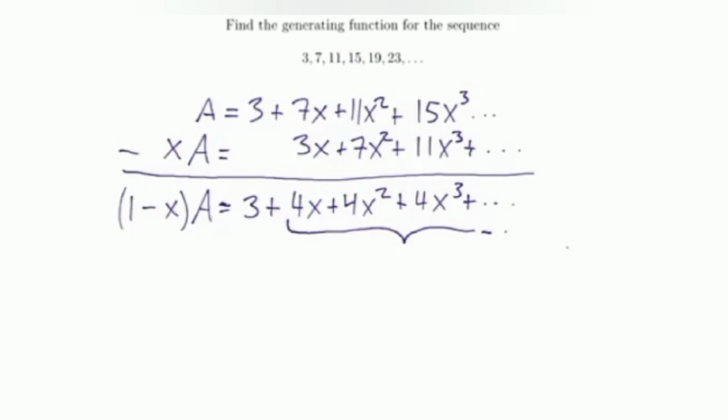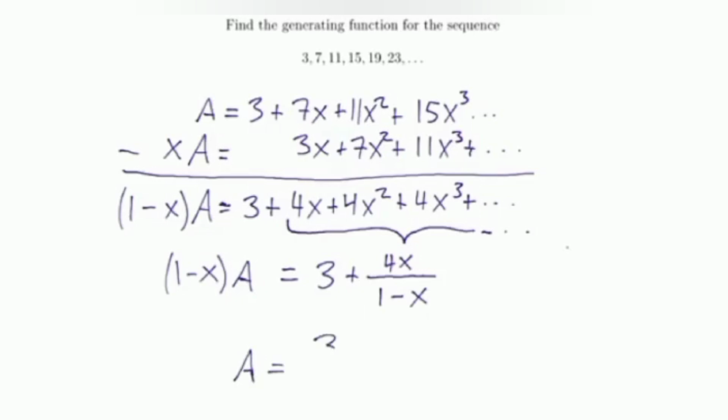So A times (1 minus x) equals 3 plus 4x over 1 minus x, and we divide both sides by 1 minus x. So A equals 3 over 1 minus x plus 4x over (1 minus x) squared.